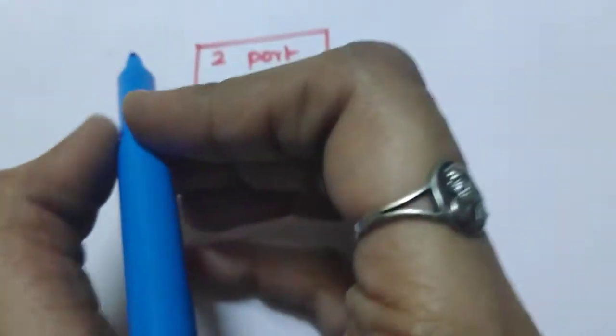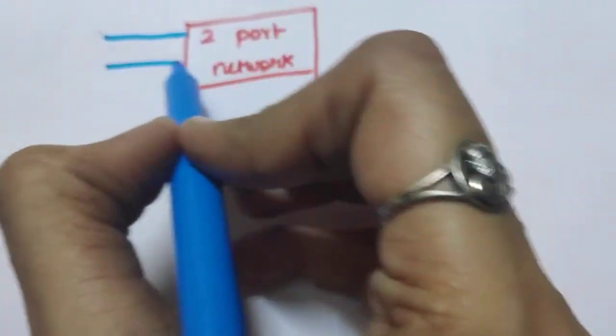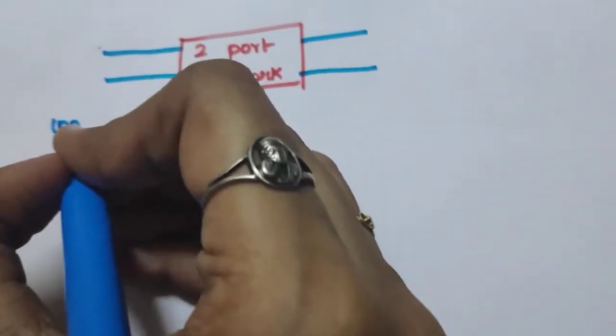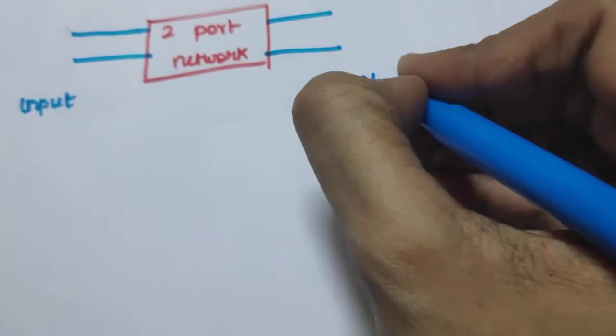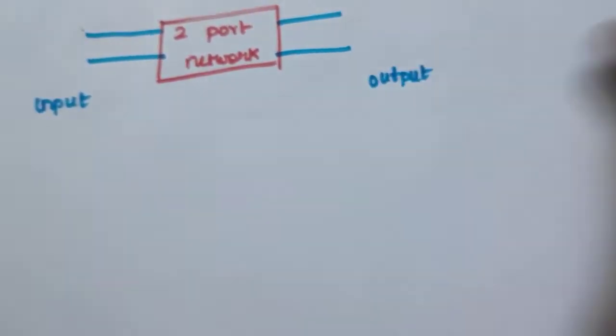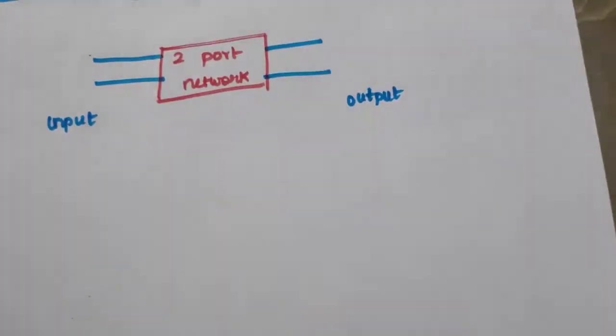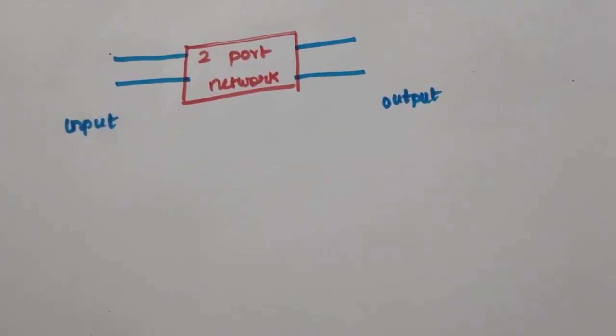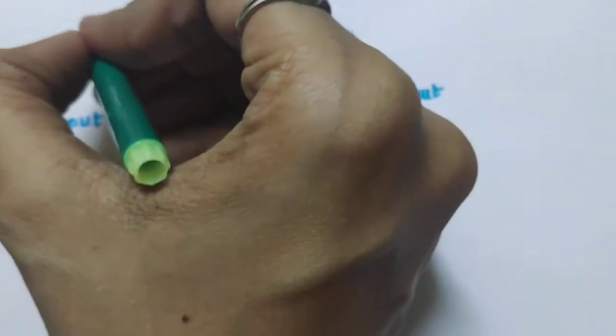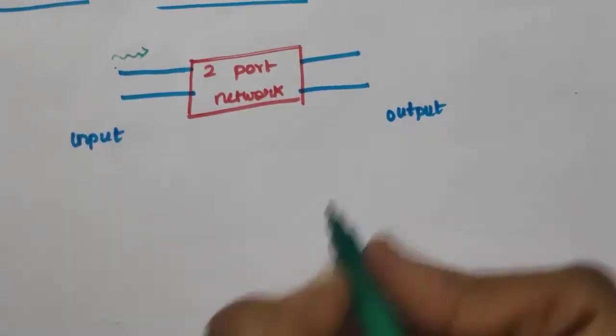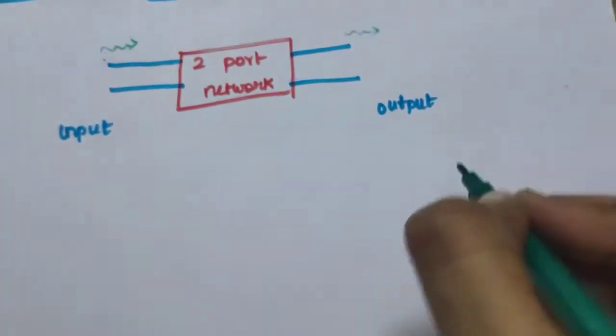Now let us consider a sample two-port network. We know that a two-port network contains two ports. Let this be our required input port and let this be the output port. The S parameters are based on the concept of waves, which means I'll have an incoming wave here and an outgoing wave here.